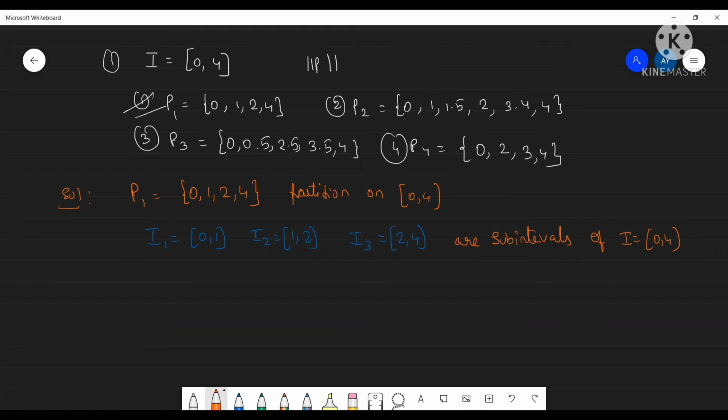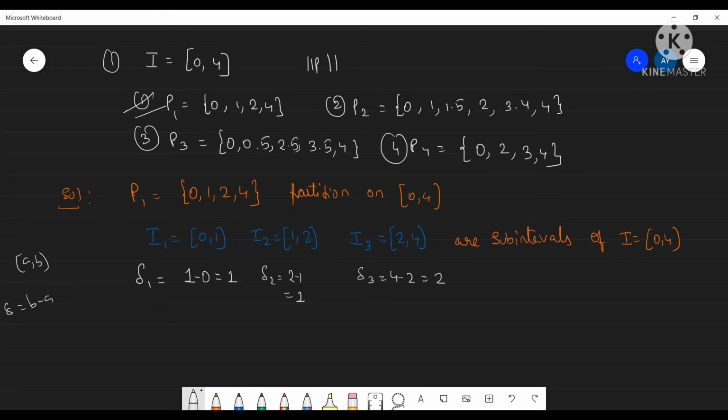Now we have to find the length. How is that denoted? It is denoted as delta 1. If you have a comma b, delta is b minus a. Here delta 1 is 1 minus 0, which equals 1. Delta 2 is 2 minus 1, which is 1. Delta 3 equals 4 minus 2, which equals 2.